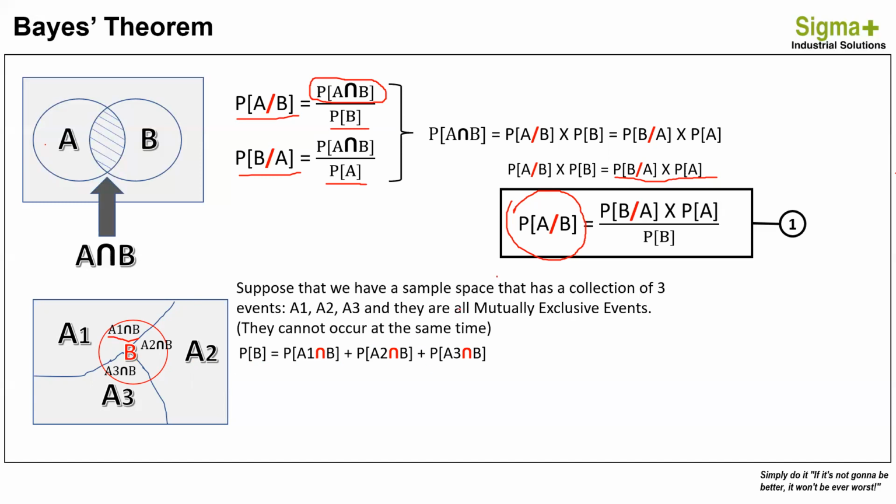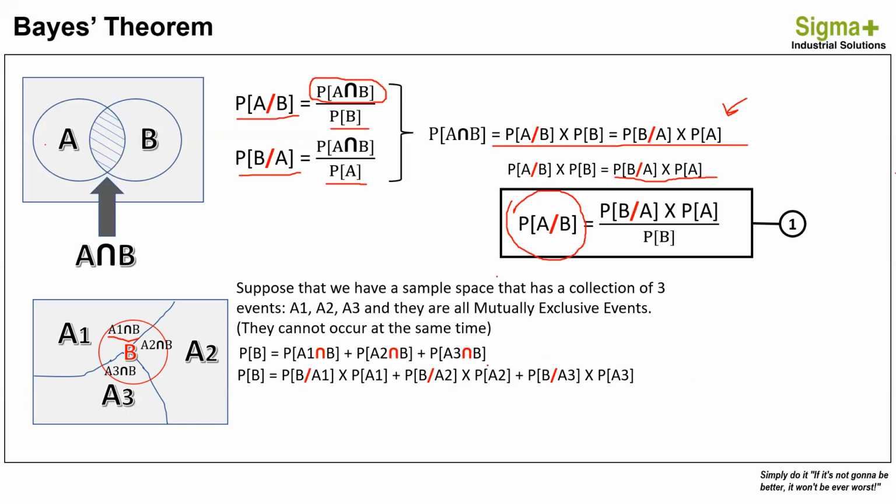Based on that, if I refer to the first formula I concluded here, as I'm highlighting, then I can conclude that the probability of B is equal to the probability of B subjected to A1 multiplied with the probability of A1, plus the probability of B subjected to the condition of A2 multiplied with the probability of A2, and so on until whatever the number of events that we have.